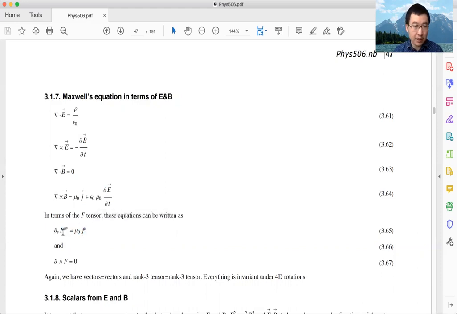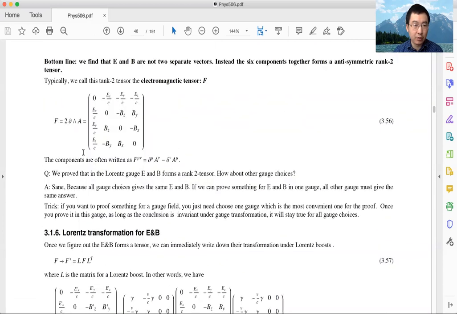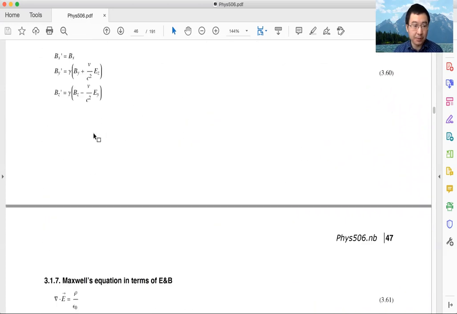Okay, so on the left-hand side, we have E and B field. We know E and B field are part of a rank 2 tensor, and in the last lecture, we labeled that rank 2 tensor as F. Okay, by the way, this rank 2 tensor, we gave it a name, which is the electromagnetic tensor F. So F is the tensor form of E and B. Okay.